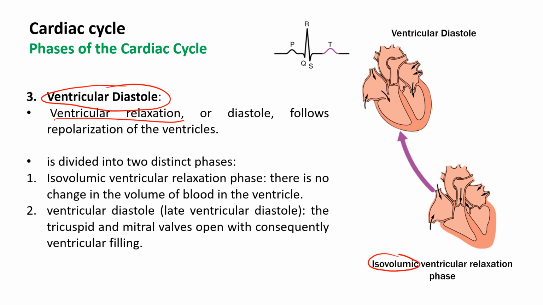So what that means is that right after systole, when the heart is in the very early stage of relaxation, there is enough pressure that still remains in the ventricles, in the right ventricle and the left ventricle, that does not allow the tricuspid and mitral valve to open, okay?